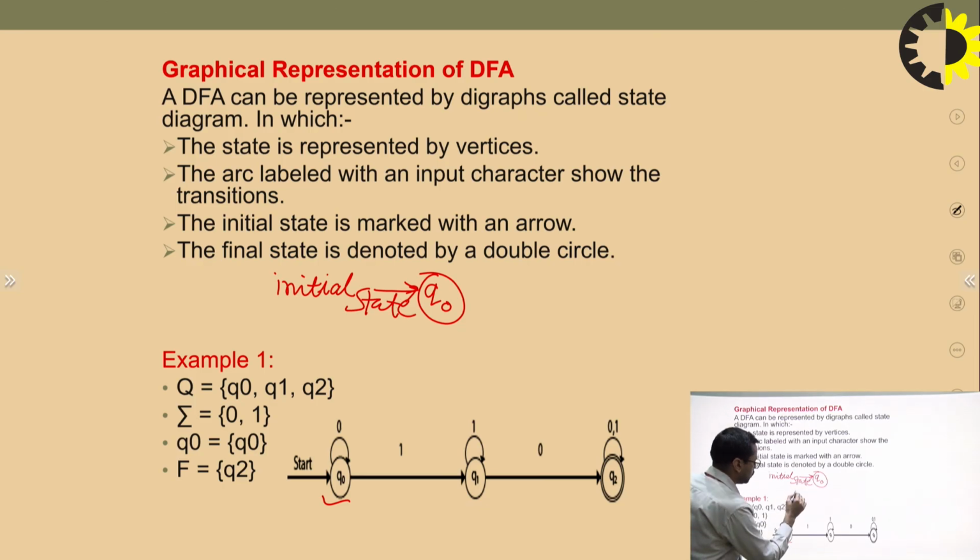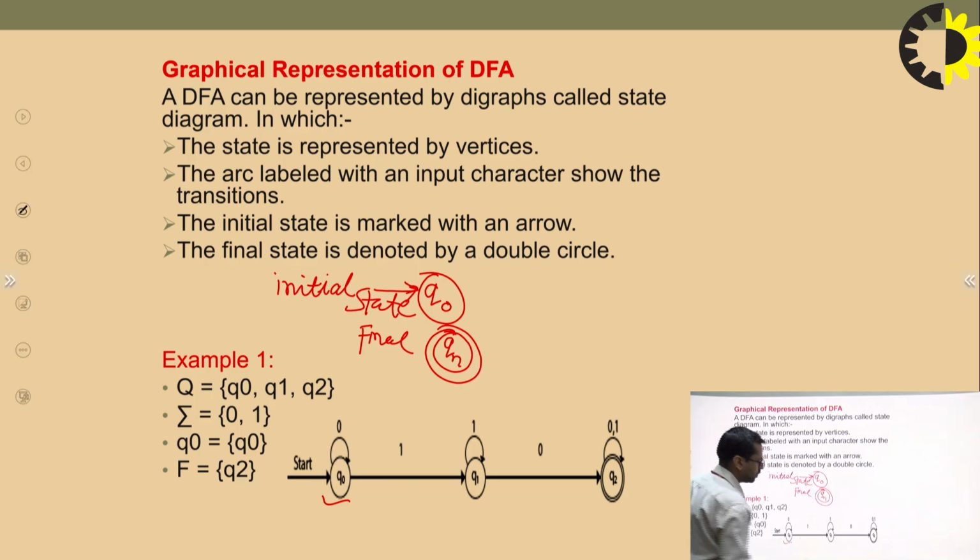And for the final state, we use a double circle, let's suppose it is the state Qn. So these are the terms for this particular DFA.